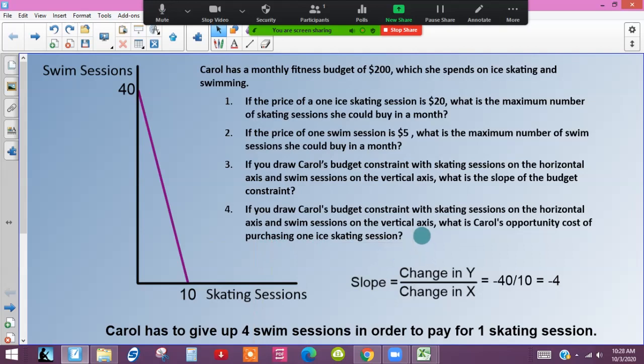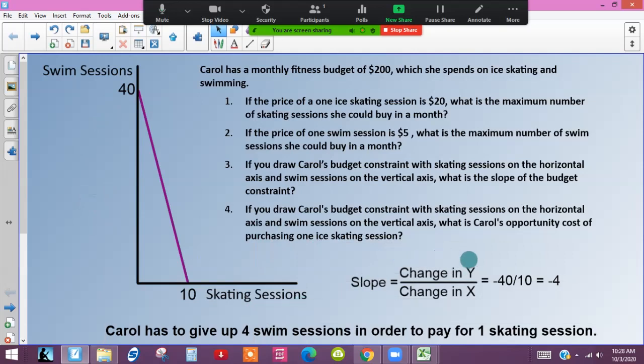Now, it's important to know, or to assume always, that in these types of models, when we talk about opportunity cost, we're talking about what the consumer would have to give up of one variable in the model, one good or service in the model, to get a certain amount of the other good or service.